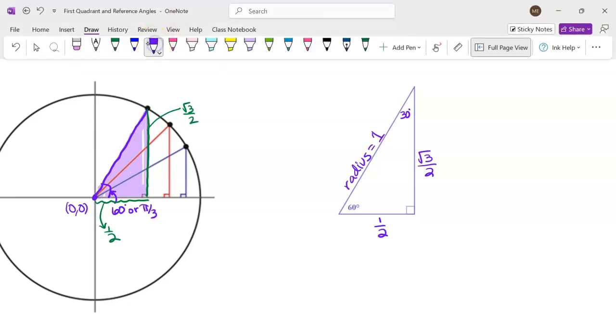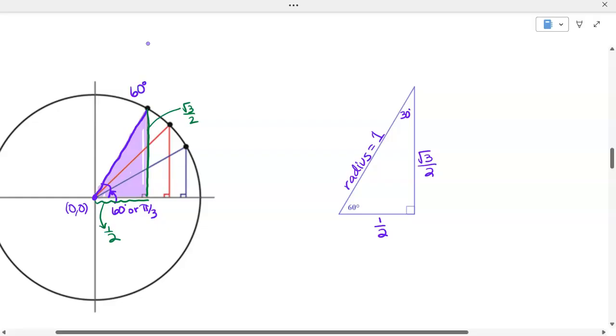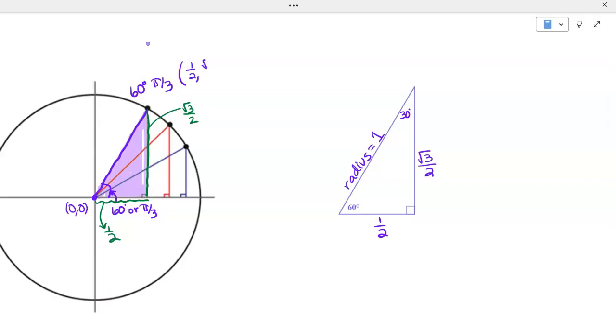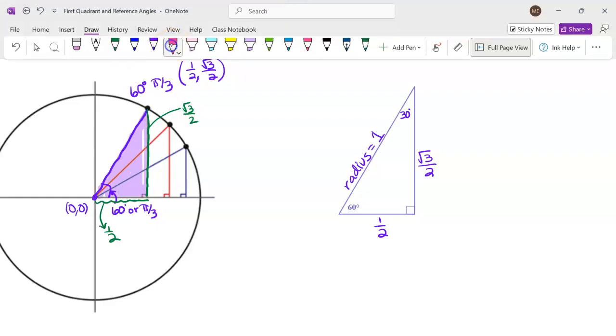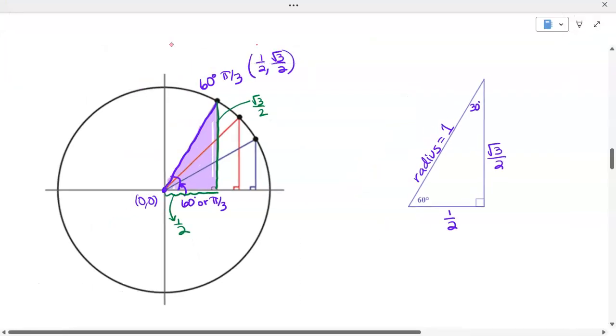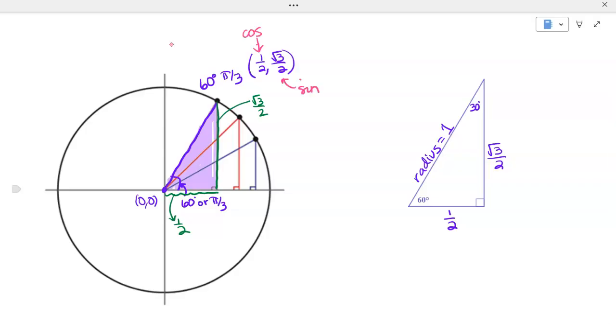So we know here, again, this is at 60 degrees or pi over 3, and my coordinates here are going to be 1/2, comma, square root of 3 over 2. And remember, we had said that the x value of the coordinate is going to be your cosine, and the y value is going to be your sine.